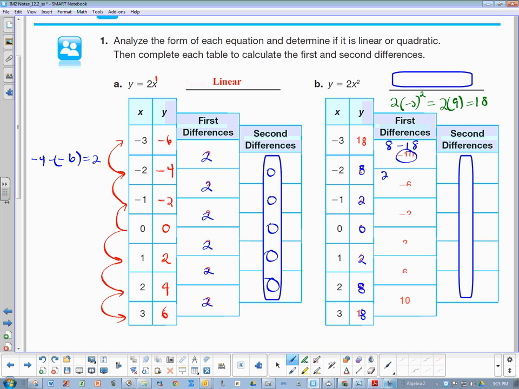Then 2 minus 8 is negative 6. 0 minus 2 is negative 2. And then 2 minus 0 is 2. 8 minus 2 is 6. And then 18 minus 8 is 10.